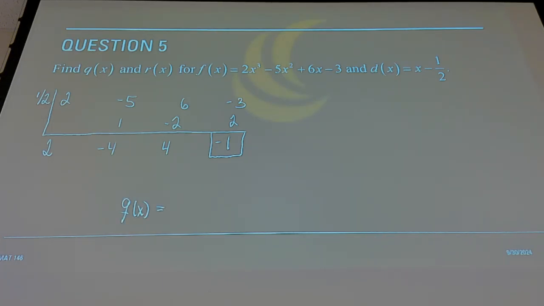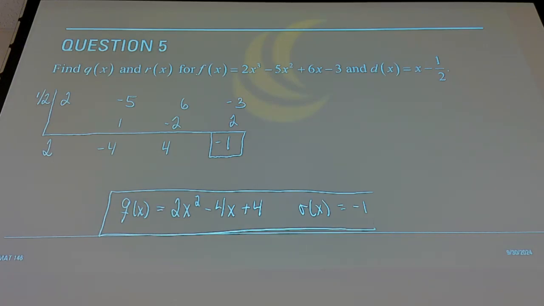What's the degree of the quotient going to be? There's your quotient, there's your remainder.